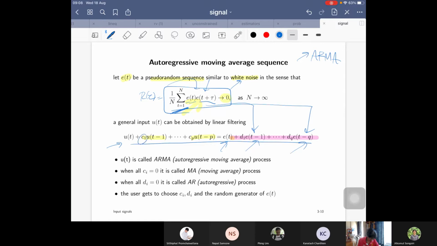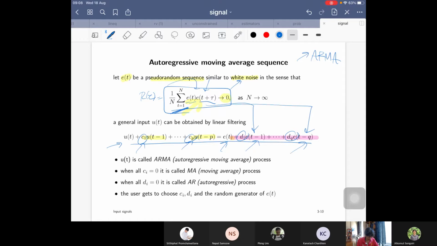Of course, the user just designs the coefficients c1 to cp and d1 to dp. So the user designs the polynomial terms in the autoregressive part and the MA part.